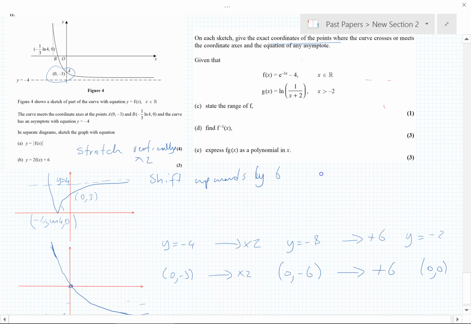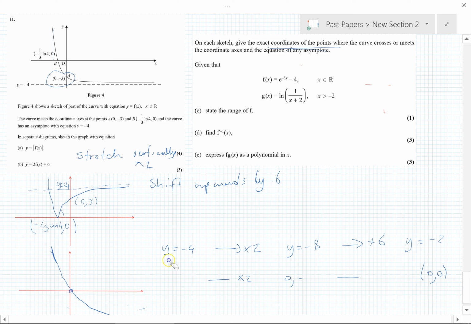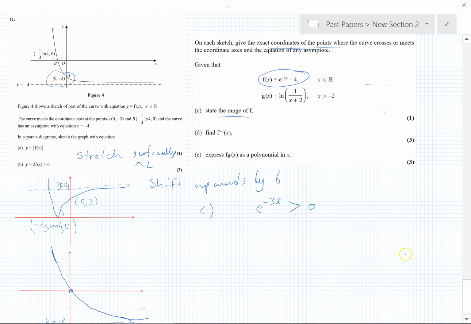Okay, let's have a look at part C. Part C is more functions, but it doesn't relate to the two sketches directly. Gives us a function here, and says state the range of f(x). Now you could do a graph of it, but really we should know that e to the minus 3x is greater than 0 for every value of x.